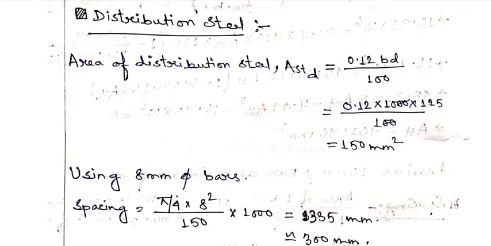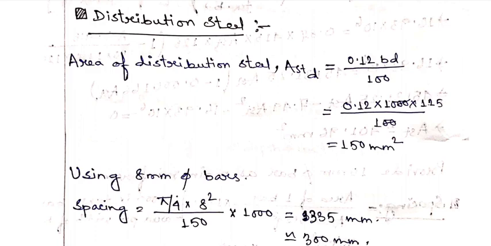See here, as per clause number 26.5.2.1, the area of distribution steel, denoted by ASTD, is equal to 0.12 into BD by 100, that means 0.12% of cross sectional area. If we calculate 0.12 into 1000 into 125 by 100, that is equal to 150 mm square.